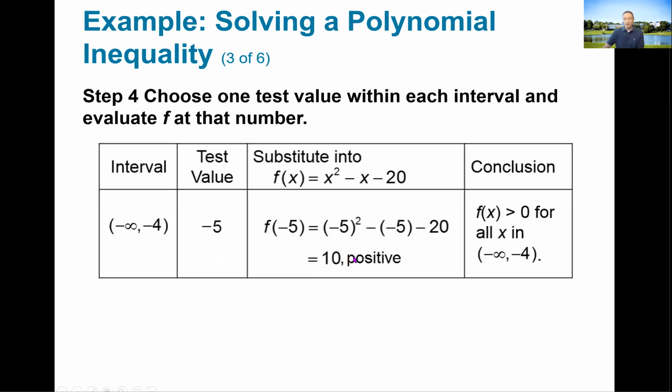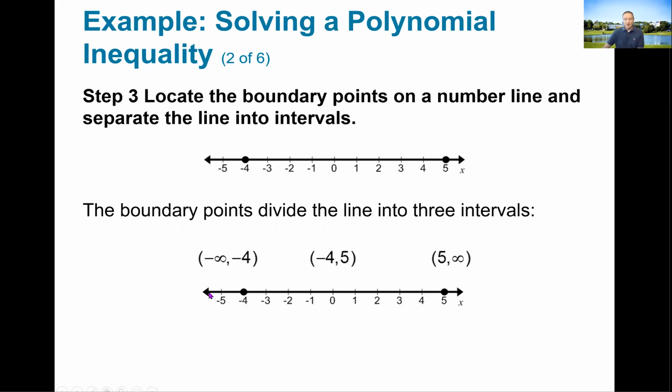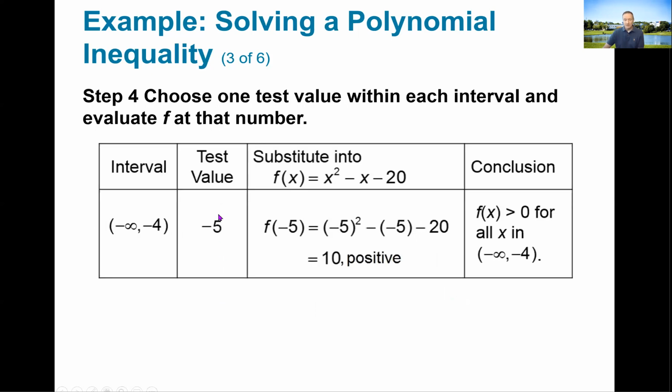In order to check and see, I need to choose a test value within each interval. The first interval, let's test from negative infinity to negative 4. I choose a number that's inside of that interval. My test value here is a negative 5.